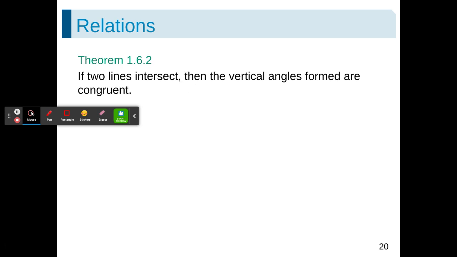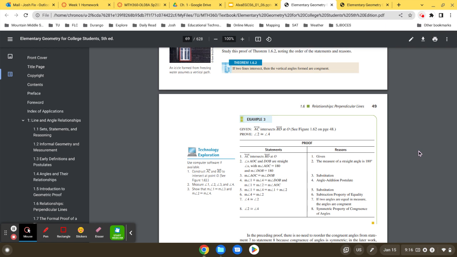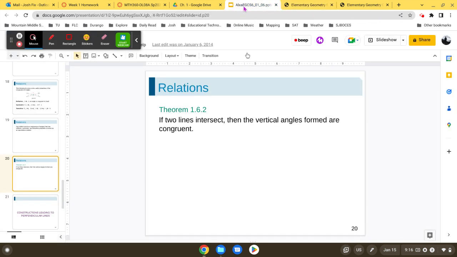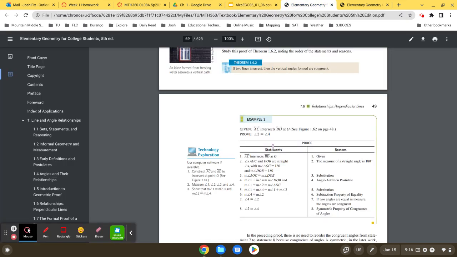If two lines intersect, then the vertical angles formed are congruent. As we look through the proof inside the textbook, we start off by saying that we have this intersection between the two lines. They intersect at point O. Our goal is to prove these two angles are vertical, so we're trying to get to a spot where we can say that angle 2 is equal to angle 4.